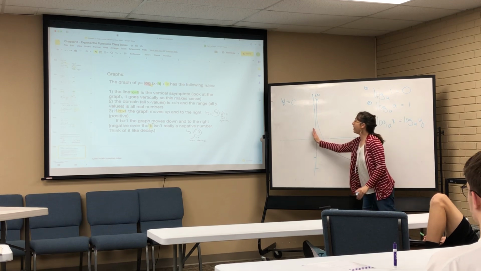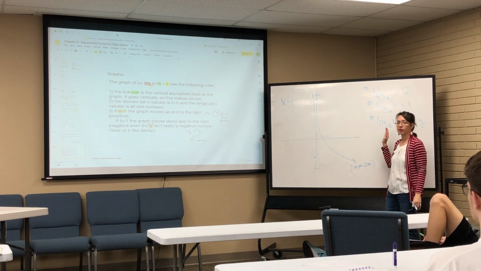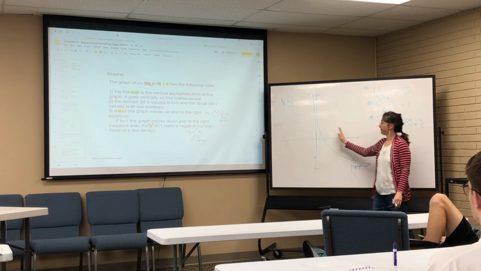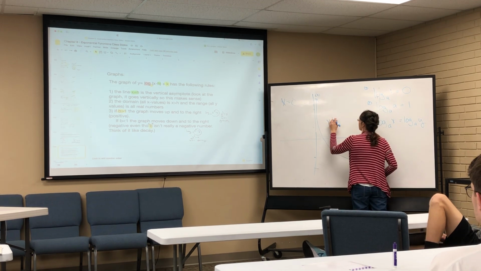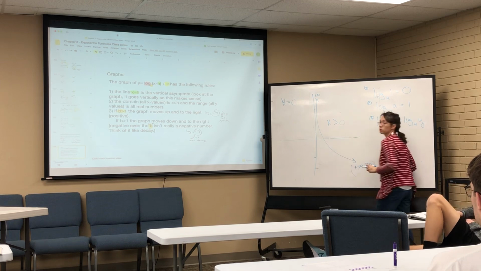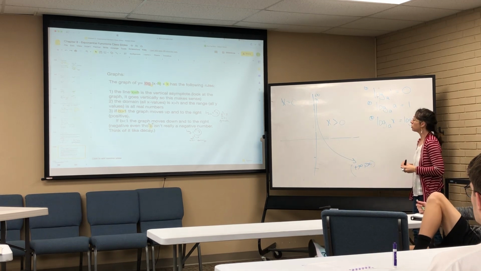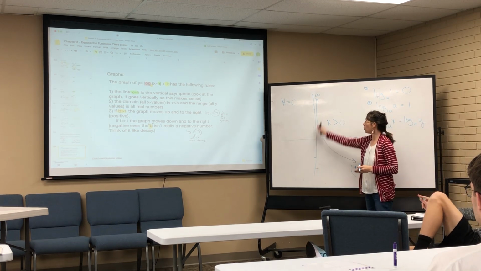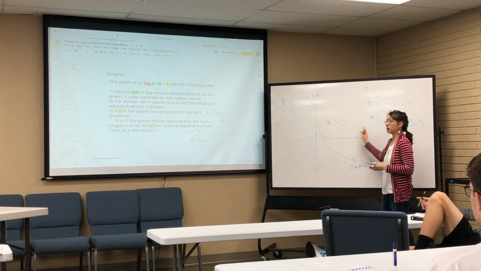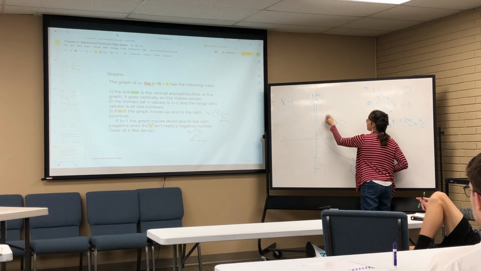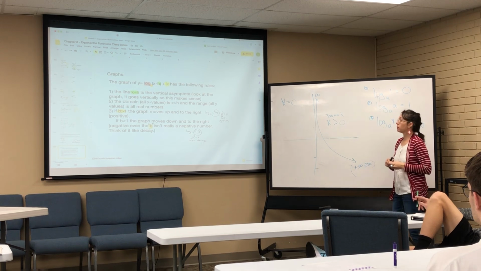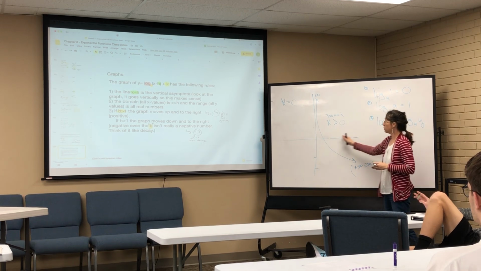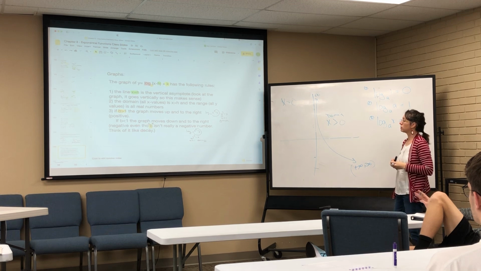And what x values does it use? All positive, or x greater than 0. As long as your asymptote is your y-axis, the x values for your domain are greater than 0. We're going from 0 and using the ones that go towards infinity.